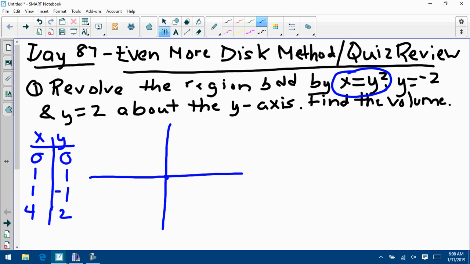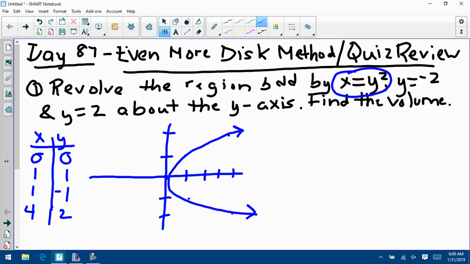We've got 0, 0. We've got 1, 1. We've got 1, -1. We've got 4, 2. You would also have 4, -2. Plug -2 in for y, so you're definitely going to get that sideways looking parabola.